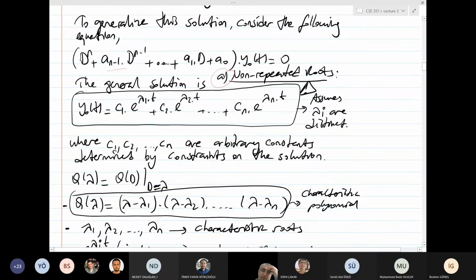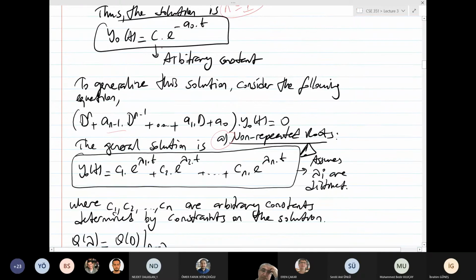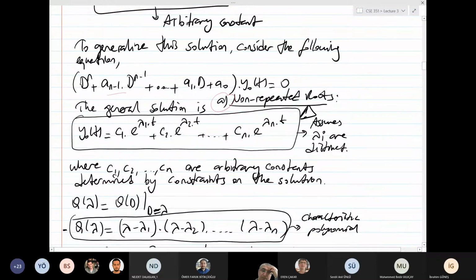The general solution is the generalization of the single-root case. Now we have the general solution, which is c1 times exponential lambda1 t plus c2 times exponential lambda2 t, plus up to cn times exponential lambda n t.